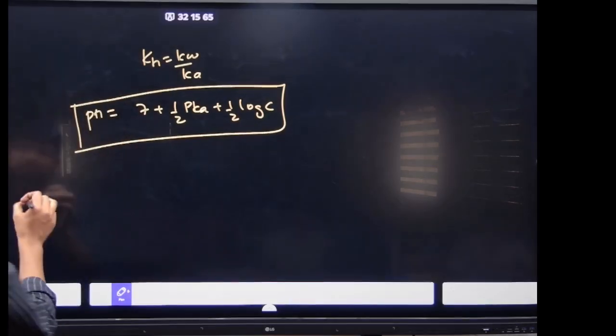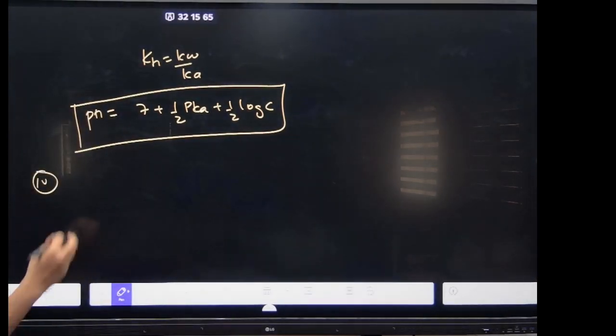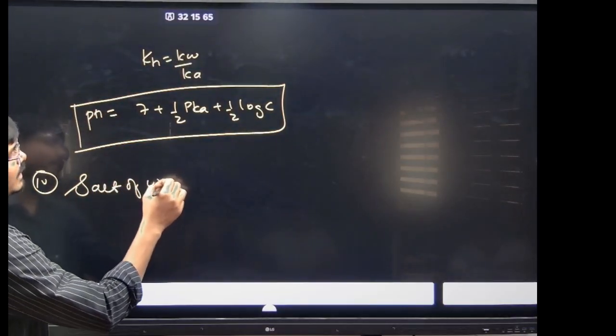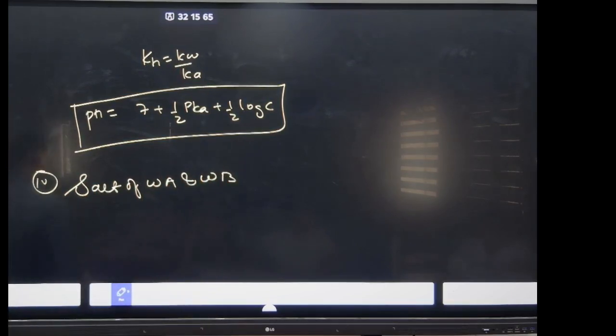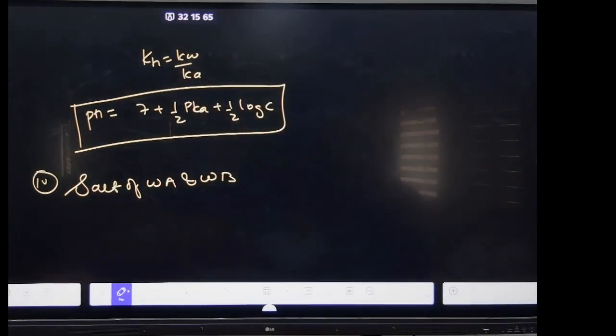The fourth one, you see, is the salt of weak acid and weak base. Can you give any example? Anyone? Salt of the weak acid and the weak base? बताओ.